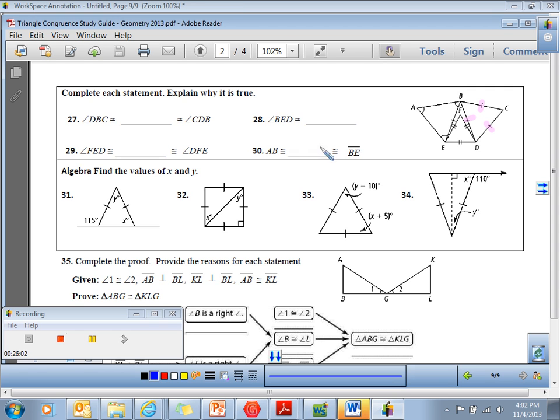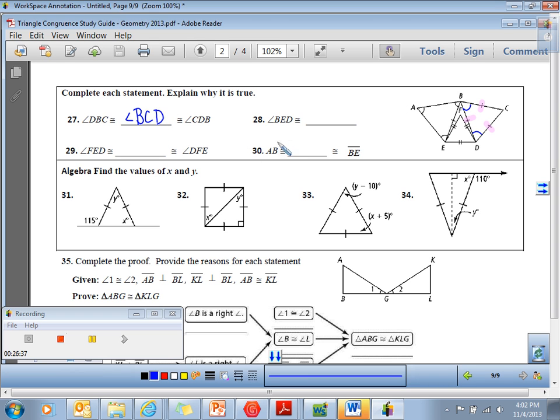So angle DBC is here. Angle CDB is here. So what's the other angle it's congruent to? Angle C. You could just put angle C here because there's only one angle that goes with it. Or you could say angle BCD.